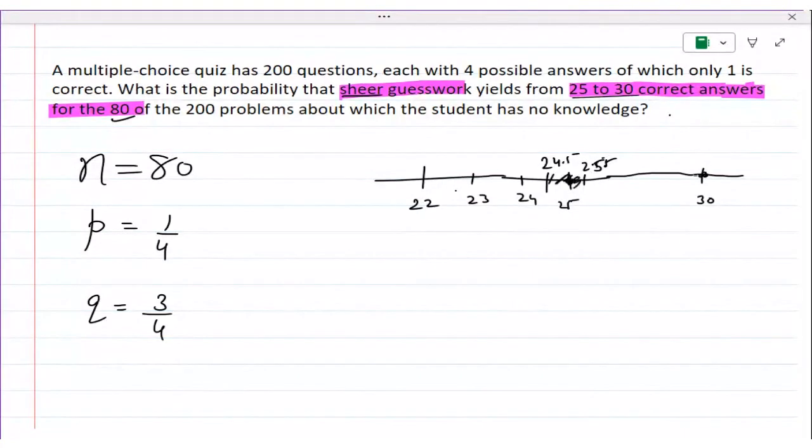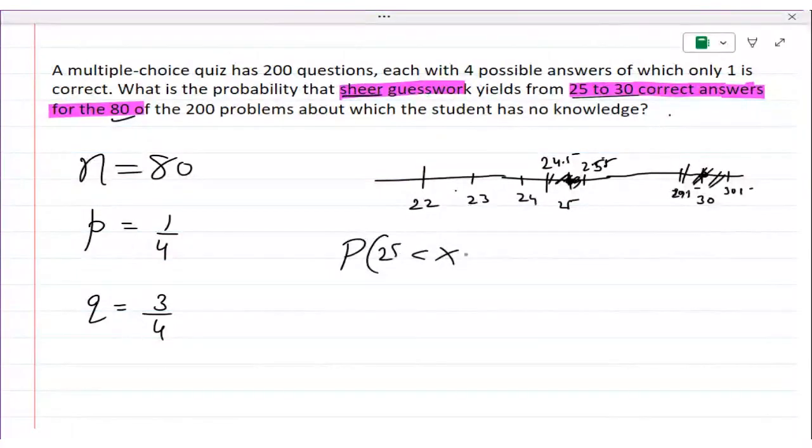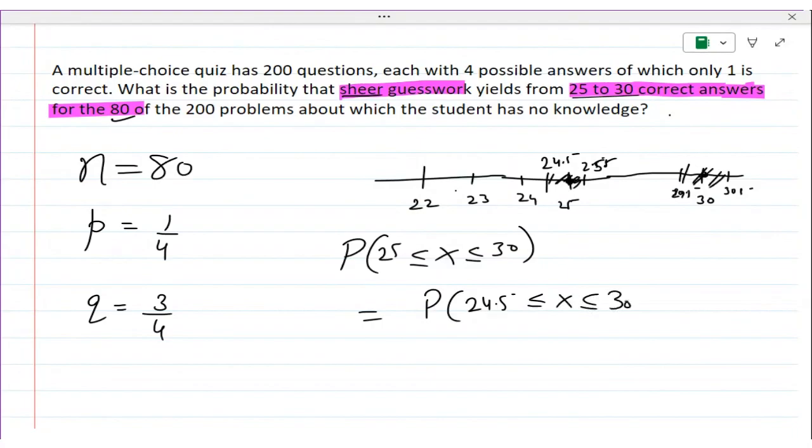And 30 will actually mean 29.5 to 30.5. So if you are asked probability of x between 25 to 30, it means you are actually asked probability of between 24.5 to 30.5.